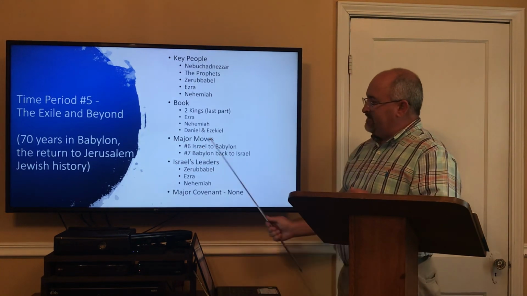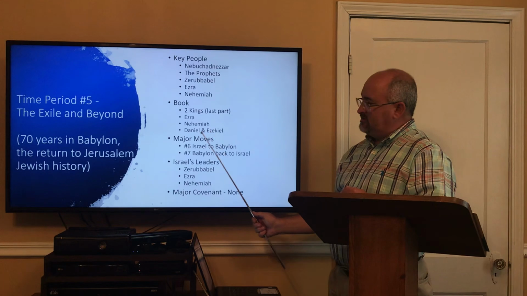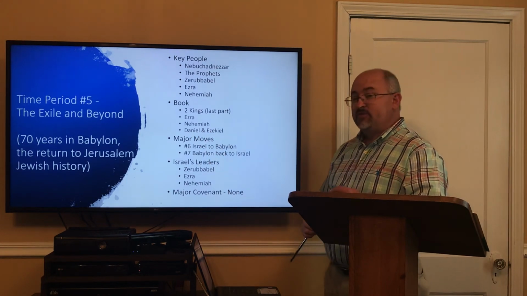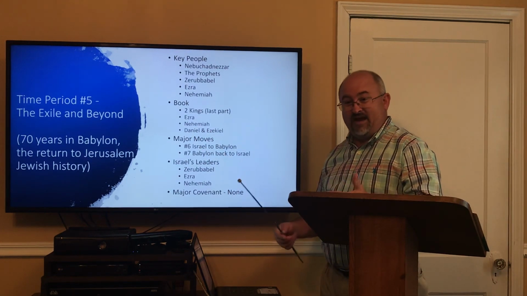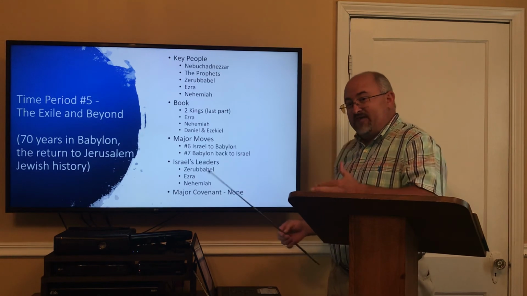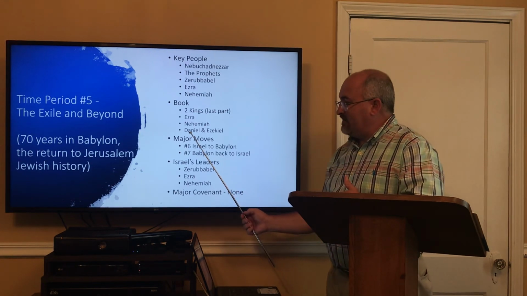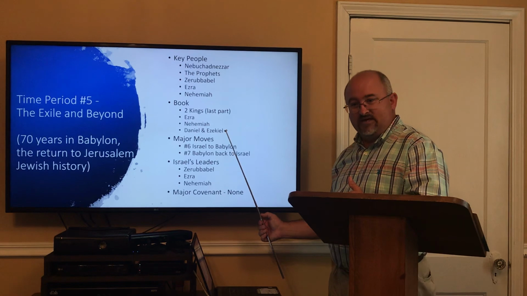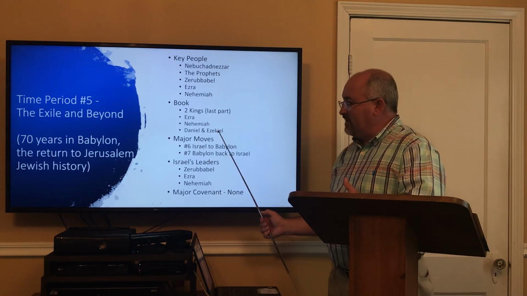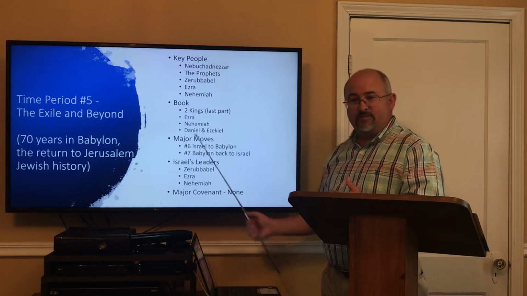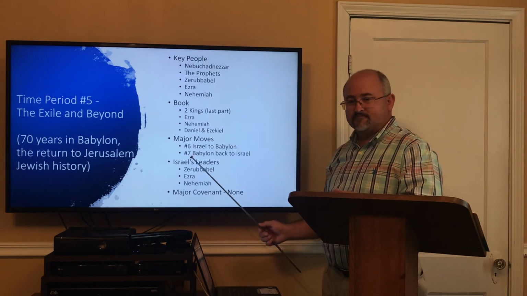Okay? Now, Daniel and Ezekiel weren't mentioned in our 11 books that contain 95% of the narrative, okay? So that other 5%, part of it comes out of the book of Daniel and out of Ezekiel. Because when you read Daniel and you read Ezekiel, you get more information about the Babylonian captivity.